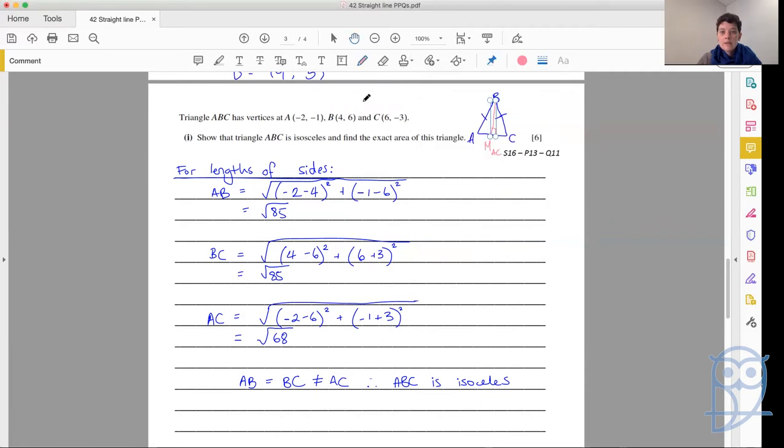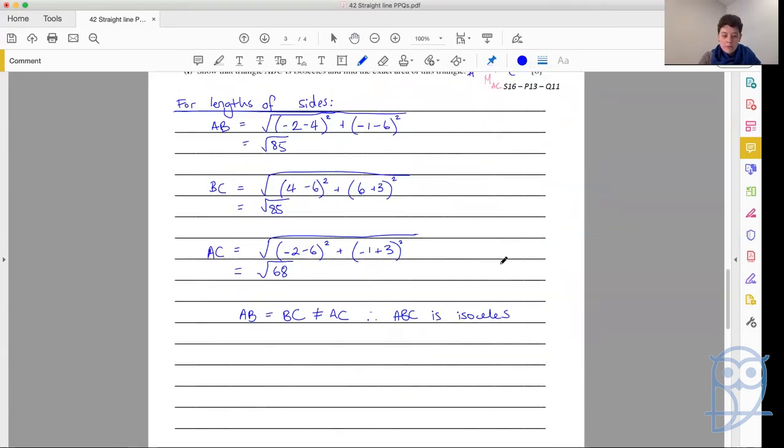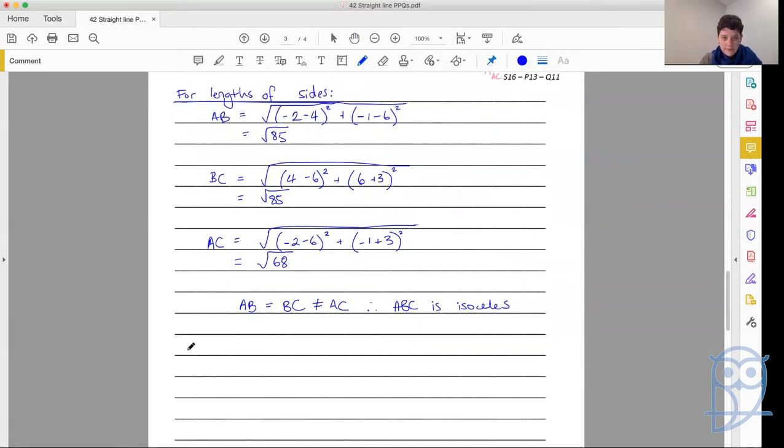In order to get that perpendicular height, we're going to call it H, same like we always do for triangles. We know then that the midpoint of AC is where we're aiming for.